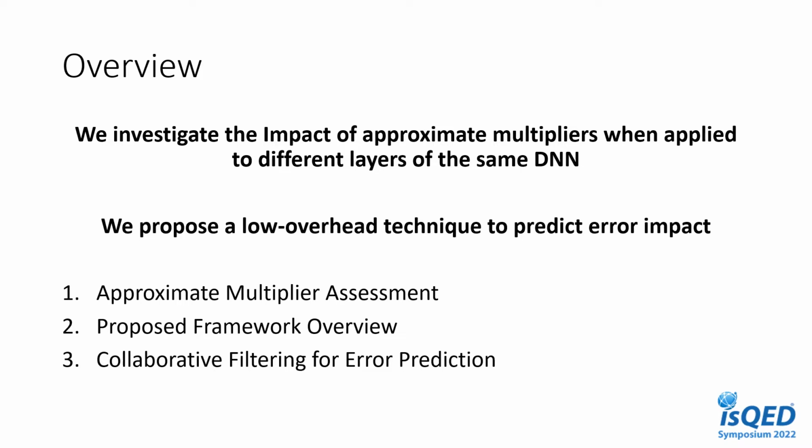We employ collaborative filtering techniques to predict the behavior of any given approximate multiplier on a specified DNN and dataset. We propose a low overhead and time-efficient procedure that provides information regarding approximation-induced error per DNN layer given any approximate multiplier without the need to employ exhaustive exploration methodologies.